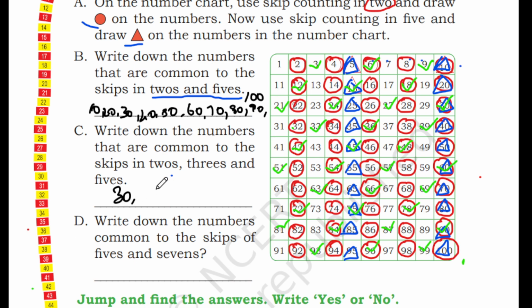If you notice, the number 60 has circle, square and a tick mark. So all three are there. And in this row it's not there. Here again number 90. So 90 has a circle, a triangle and a tick mark. So we can write number 90. So we have 30, 60 and 90.